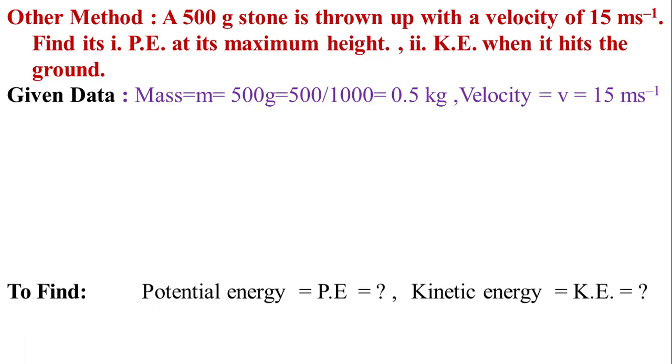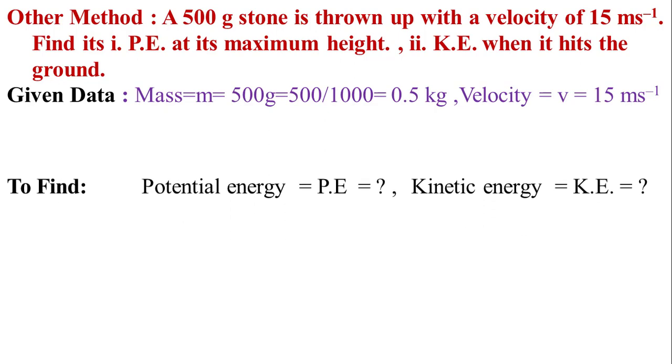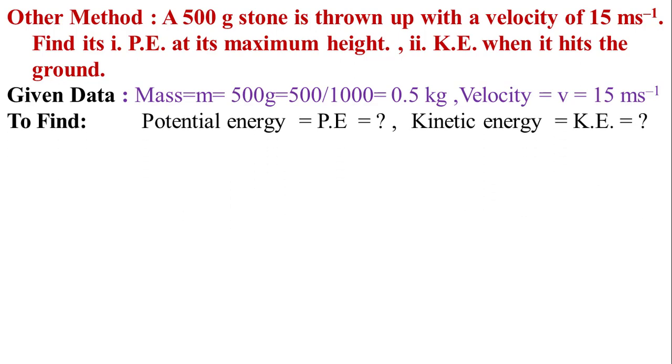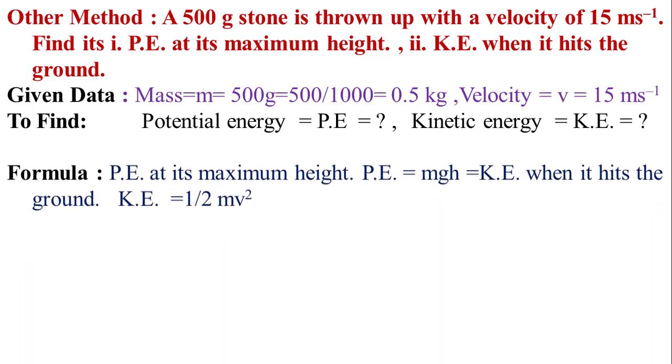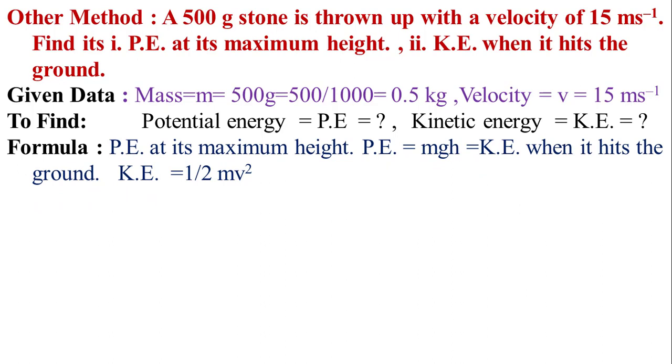Then, to find the potential energy Pe and kinetic energy Ke. Formula: potential energy at maximum height is equal to kinetic energy when it hits the ground, which is equal to 1 upon 2 mv square, by the law of conservation of energy or interconversion of energy.